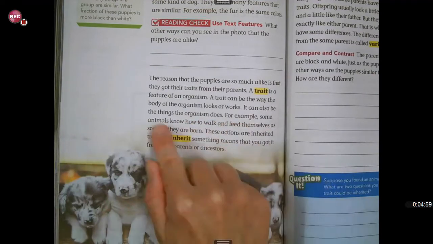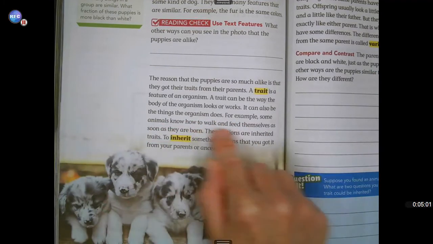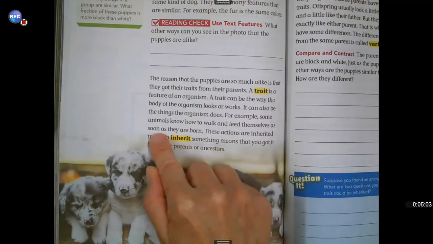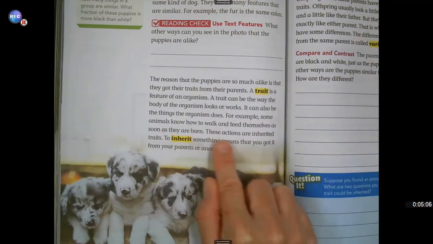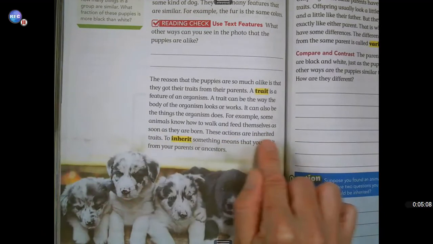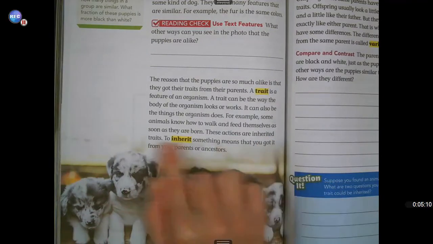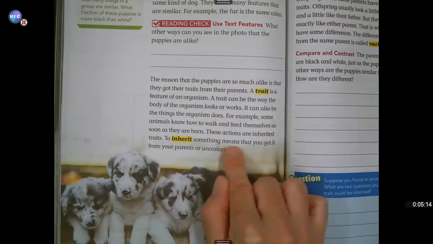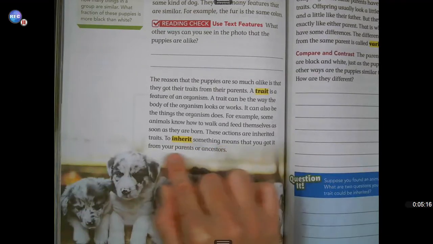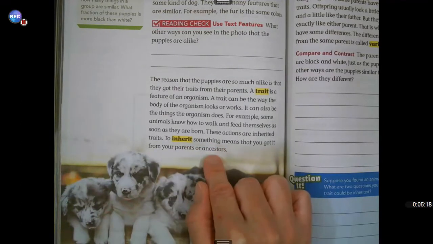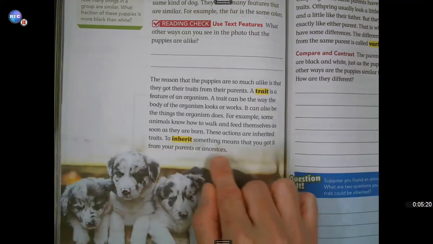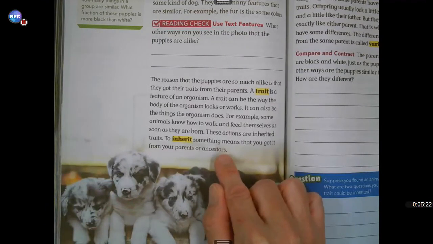For example, some animals know how to walk and feed themselves as soon as they are born. These actions are inherited. That's important. They're inherited traits. To inherit something means that you got it from your parents or ancestors. So ancestors are people that lived in your family a long time before you.